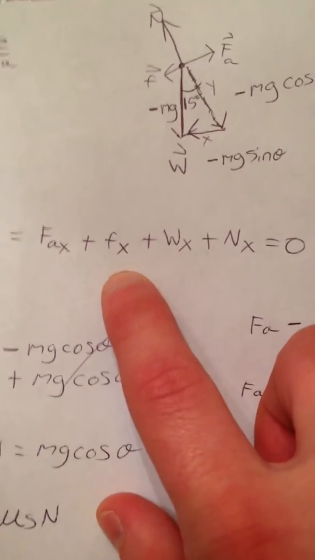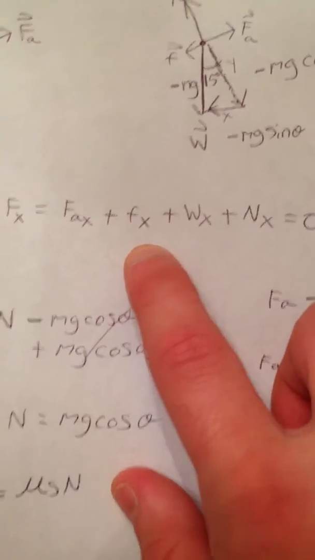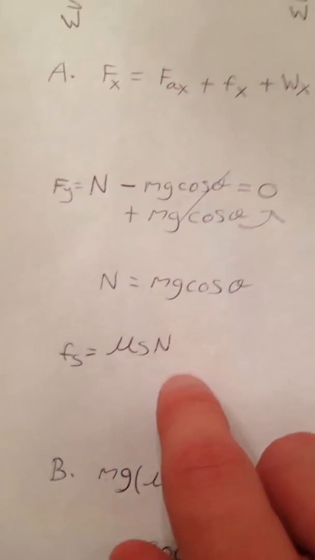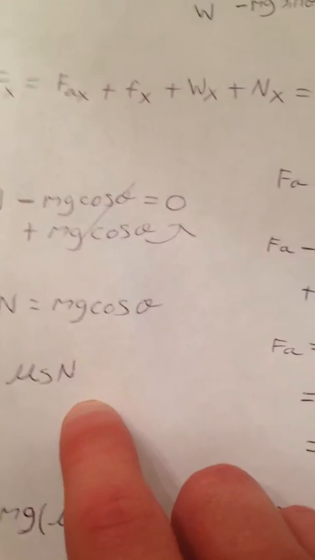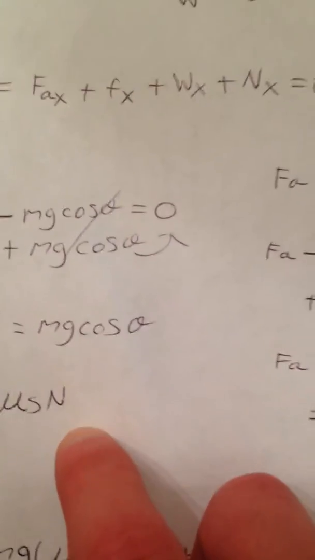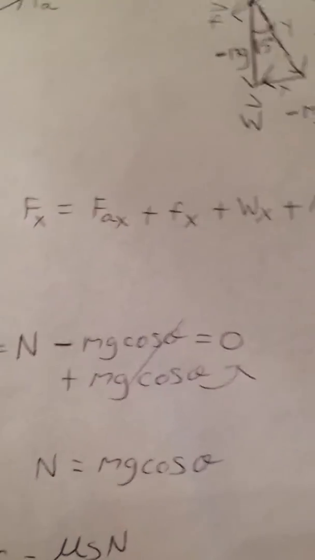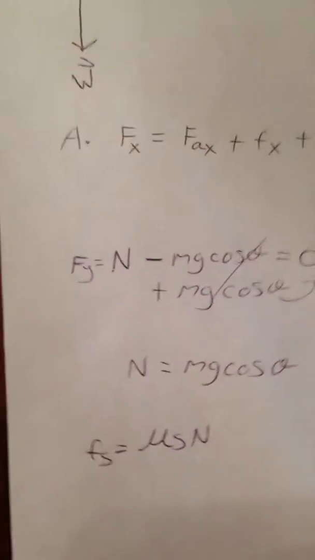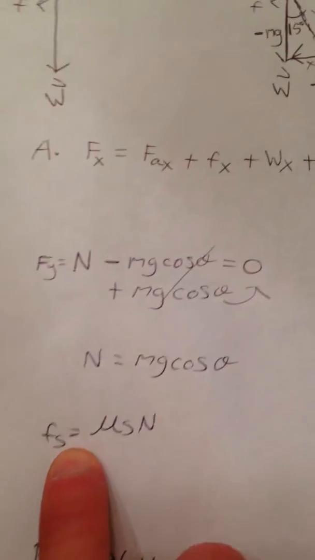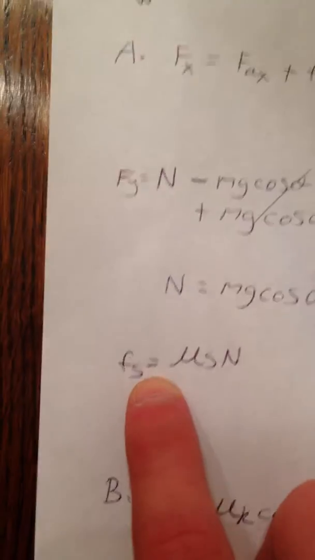Now friction. A is static friction because it's asking how hard they have to push so that the force can overcome the friction. Well, that's static, because nothing is moving at this point.